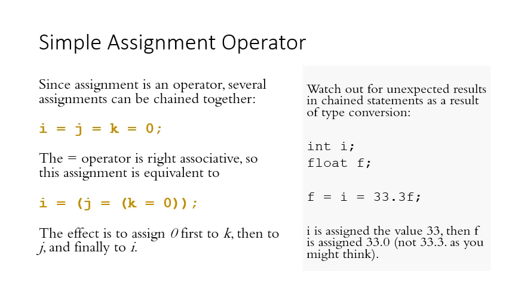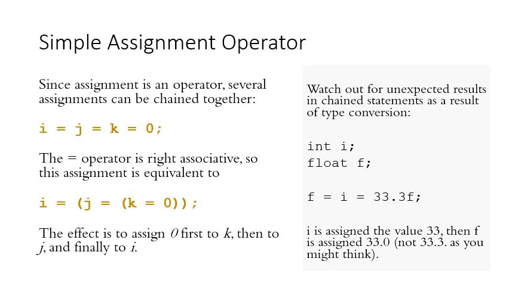Since the equals operator is right associative, we first group k equal to 0, then j equals parenthesis k equal to 0, so the effect is to assign 0 first to k, and then to j, and finally to I. So that's what you have to remember.